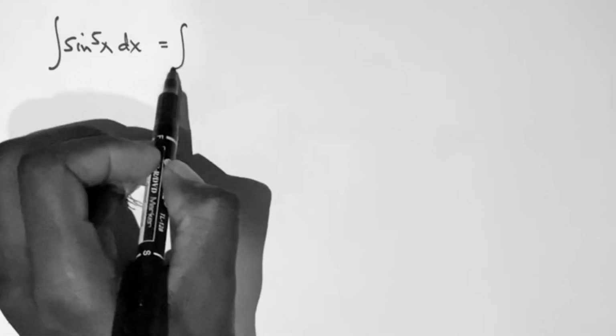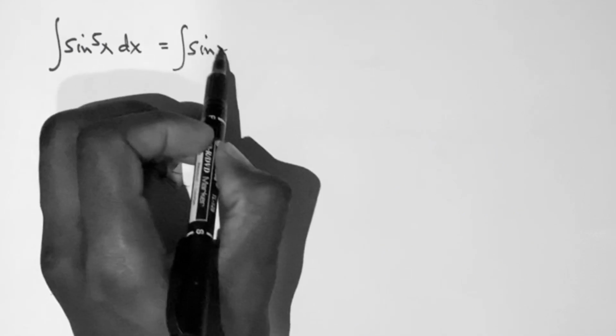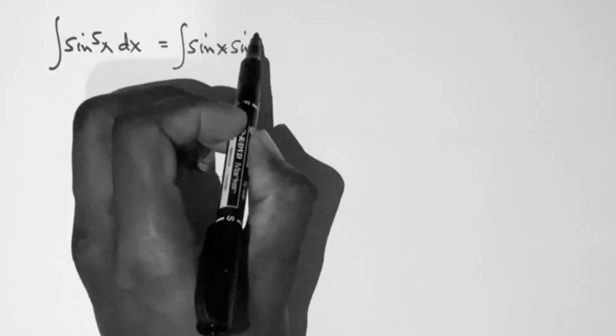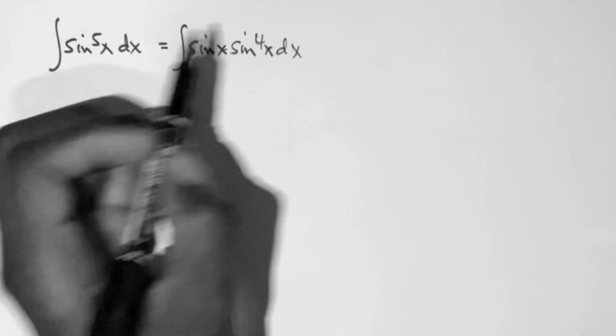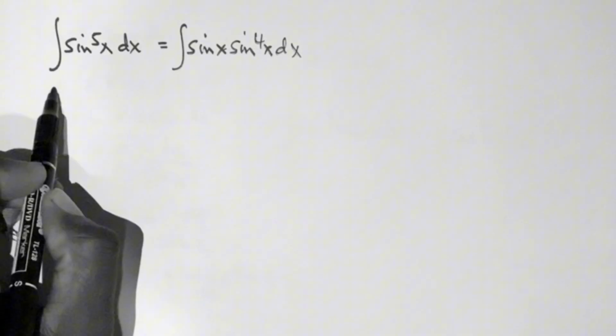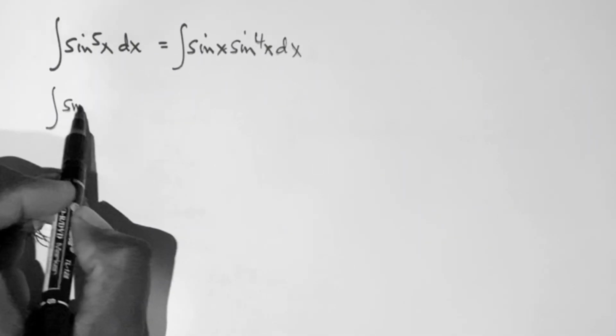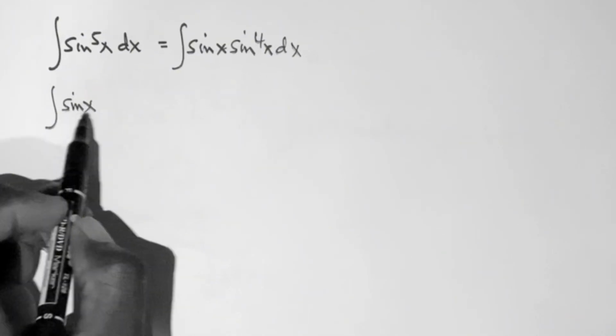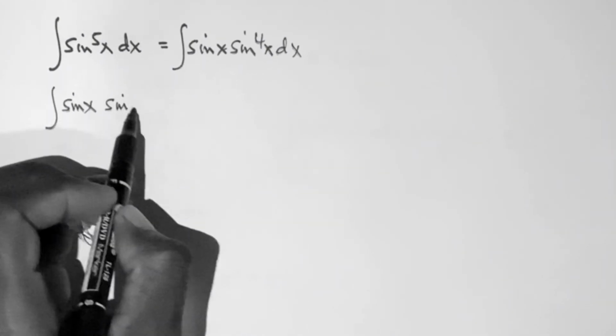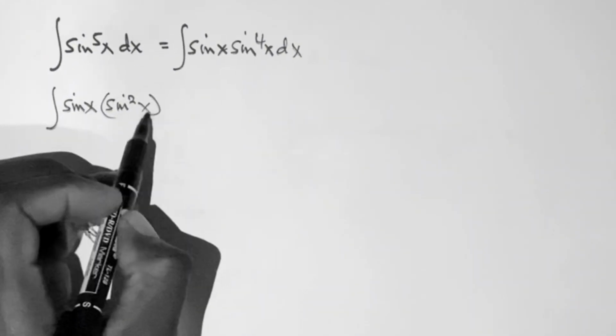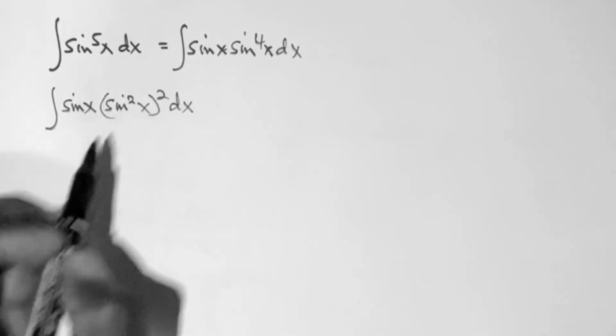Now let's evaluate the integral of sine exponent 5x dx. How do we do this? Let me rewrite this as the integral of sine x and then sine exponent 4x dx. And then I can further write this as the integral of sine x, then sine squared x all squared dx.